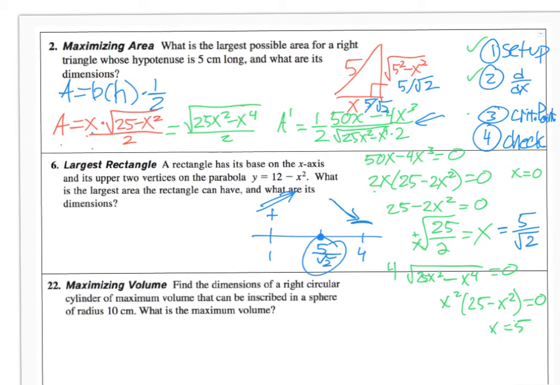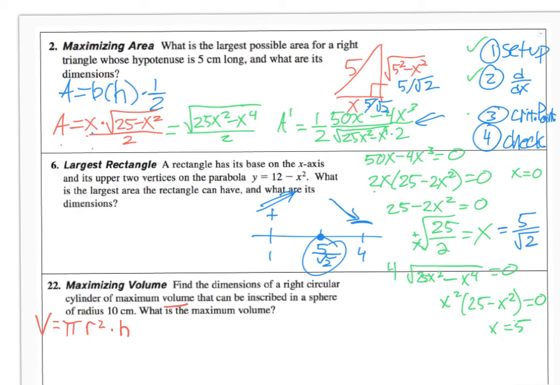So cylinder, we're looking for volume. That's going to be the base area since this is circular, so pi r squared times the height. All right, that's what we're trying to maximize in a sphere of radius 10 centimeters.